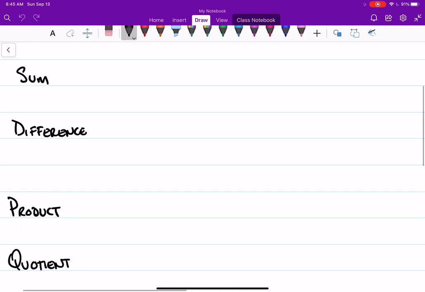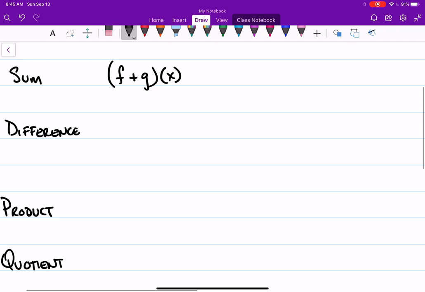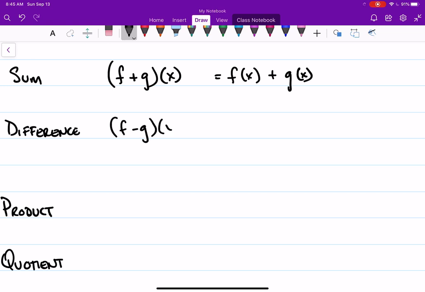So the first one, the sum, you're going to see f plus g of x. All that means is find f of x, find g of x, and add them together. In terms of difference, all that means is find f of x, find g of x, and subtract them.